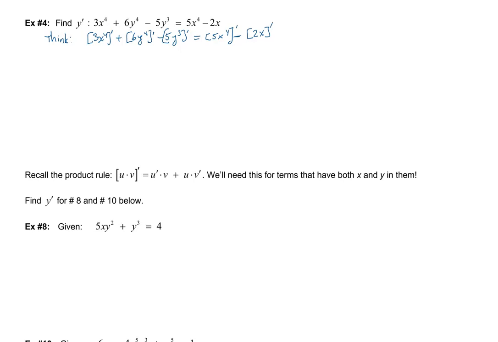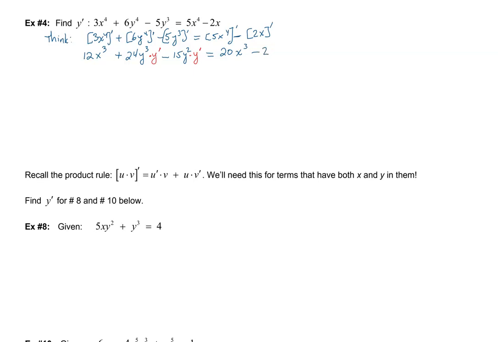So derivative of 3x to the 4th would be 12x cubed, then plus 24y cubed, stick on a y prime there, and then minus 15y squared, stick on a y prime, because we took the derivative of y, and then on the right hand side equals 20x cubed minus 2.